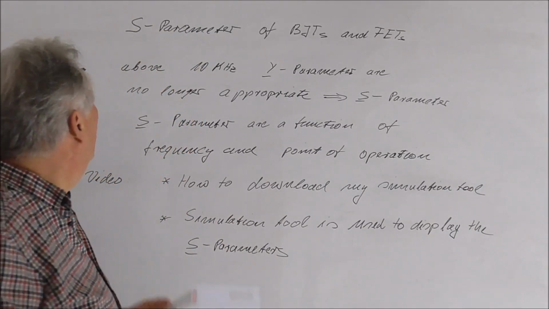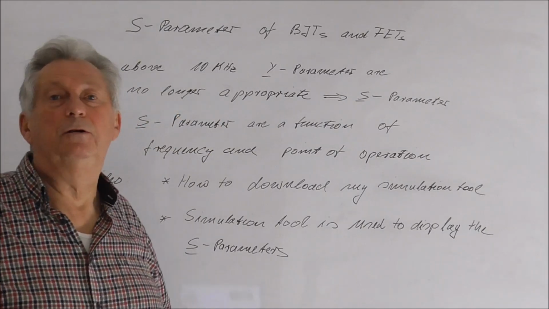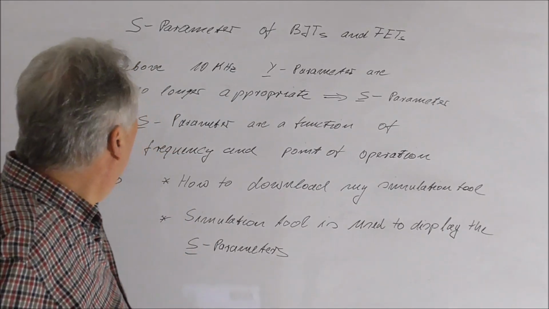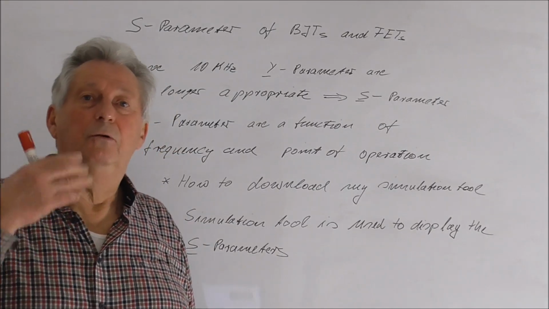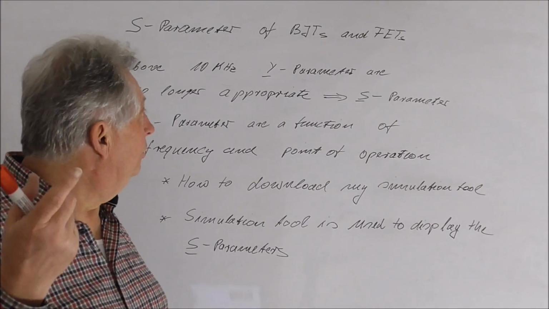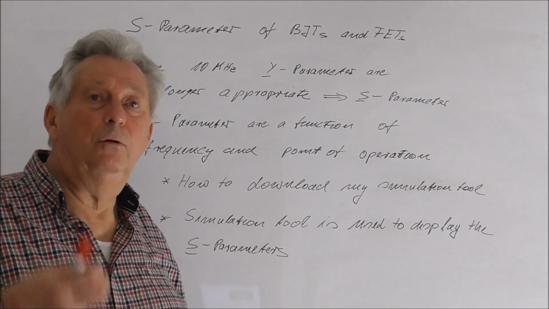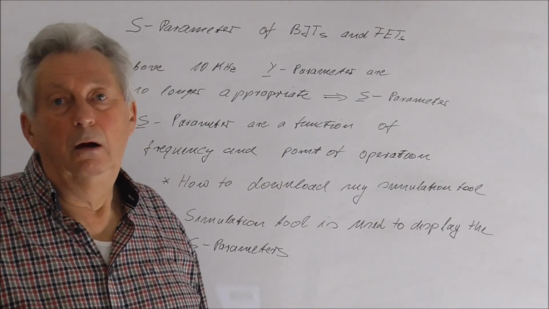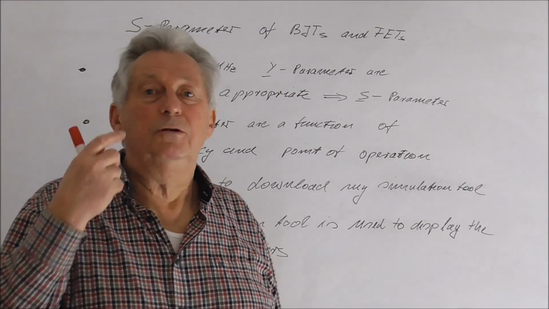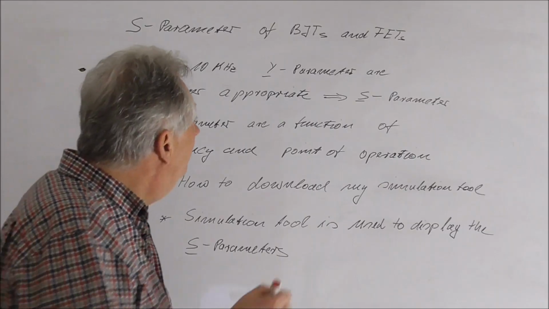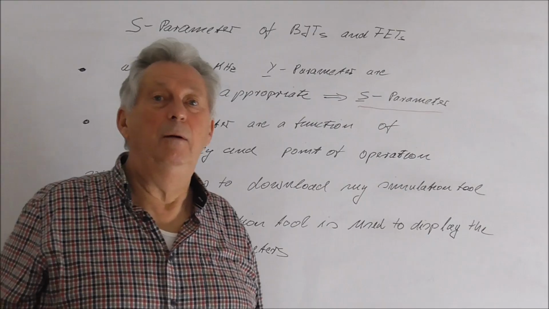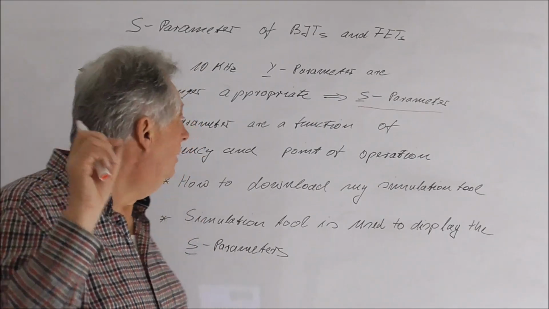In the lectures before we saw that above around about 10 megahertz Y parameters are no longer appropriate to describe the linear behavior of BJTs and field effect transistors, which are essentially nonlinear, so these parameters are only valid for small signals, and so we will use then the S parameter to describe the linear behavior of our BJT.